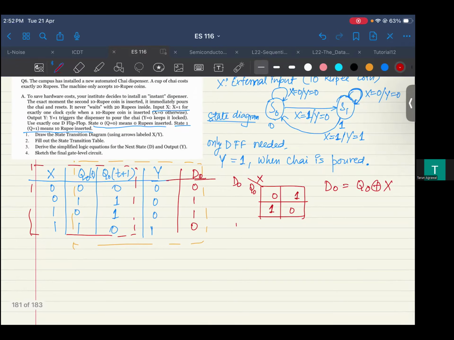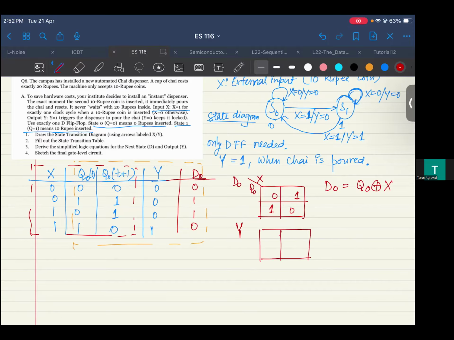Similarly, one can calculate for Y, because Y is the actionable output, which is pouring the chai. We see this is also in terms of these two truth table variables. Let me just draw.